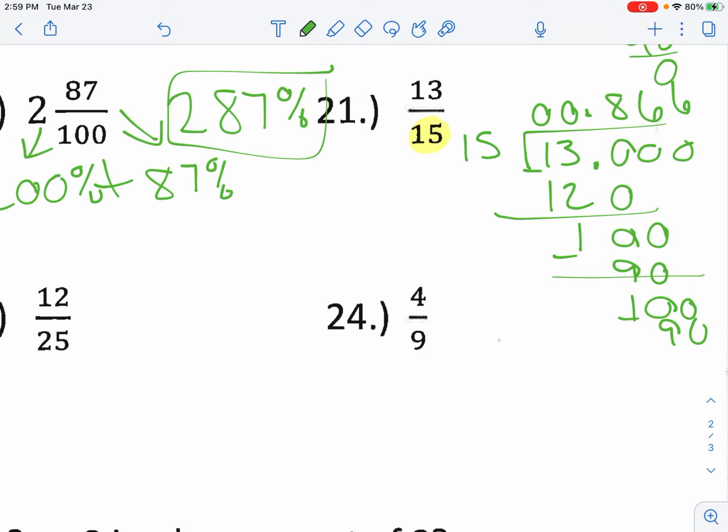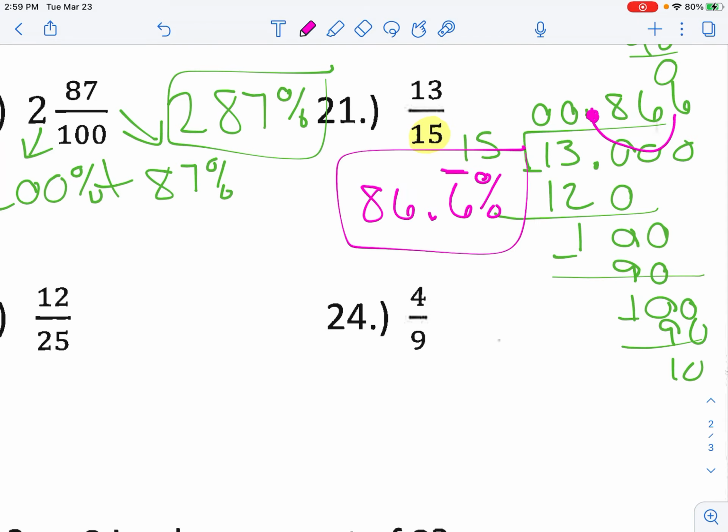This is going to start repeating. Slide that decimal twice to the right. So my decimal, let me make that a different color. My decimal's right here. I'm going to slide that decimal twice to the right. So this is going to be 86.6 repeating percent.